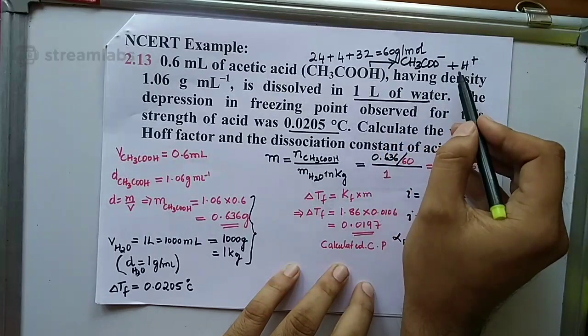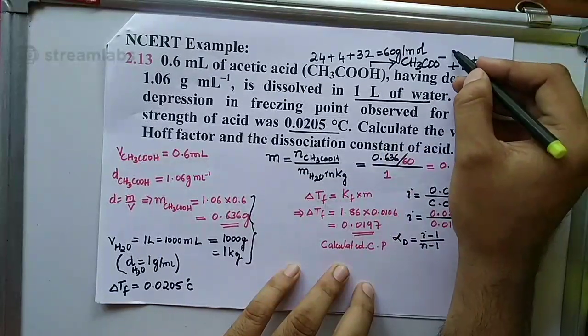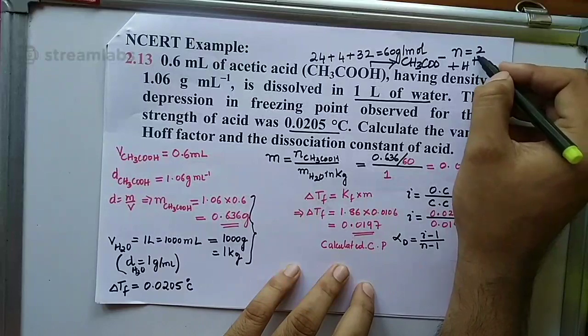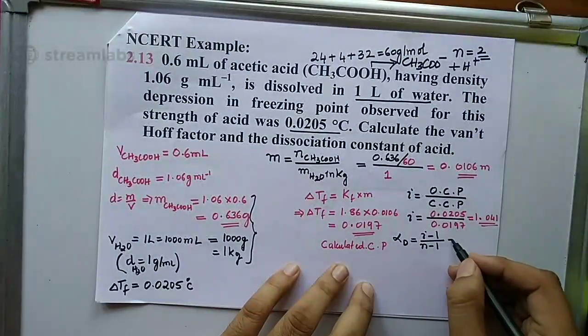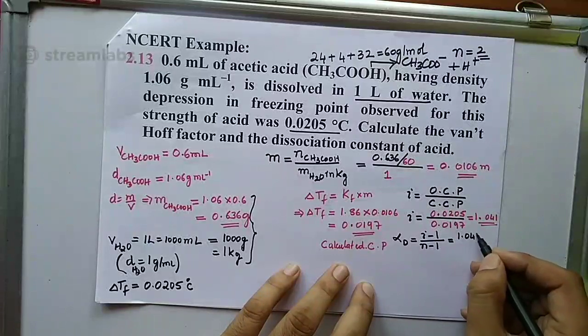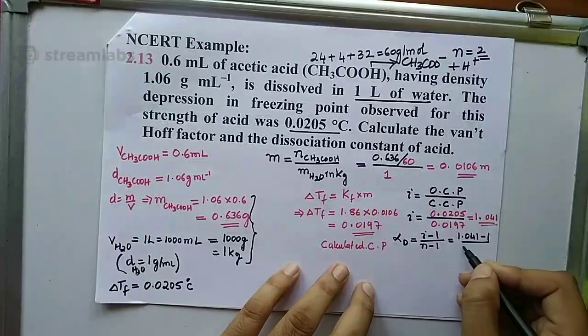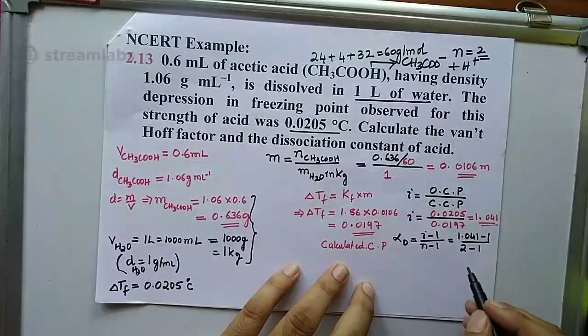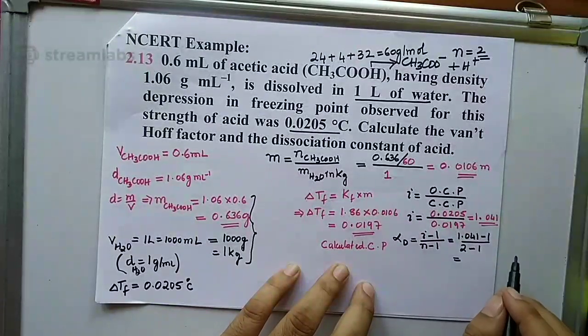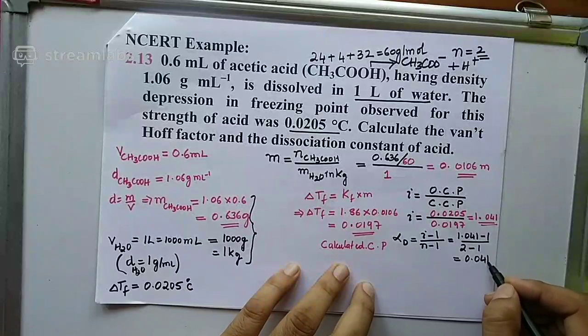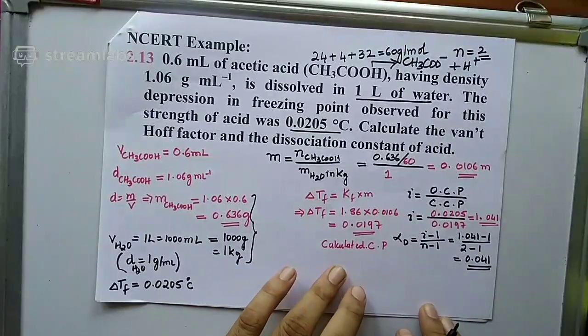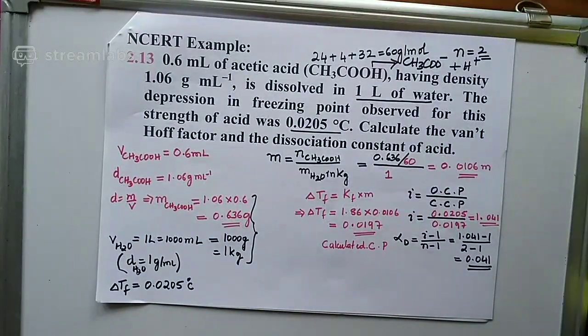So one particle gives two particles. Therefore the n value is equal to 2. So i value is 1.041 minus 1 divided by n value 2 minus 1. So you get the value as 0.041. That is the degree of dissociation, 0.041.